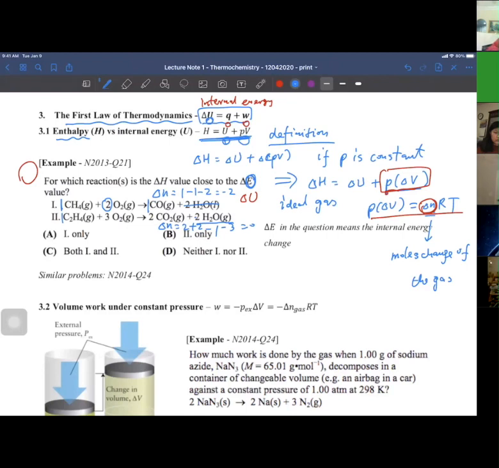The delta n is 0, which means the P delta V is 0. So the delta H will be close to the delta U. So the answer should be 2 only. I think this is just a conceptual question. You need to understand the definition of H: it is U plus PV.